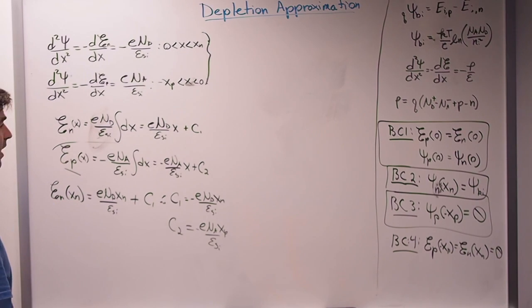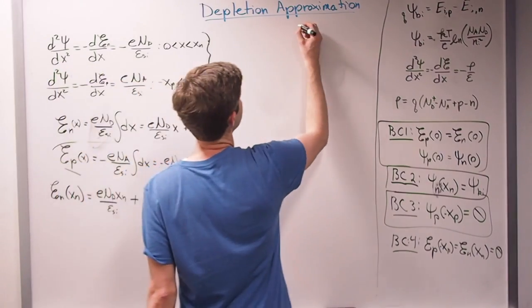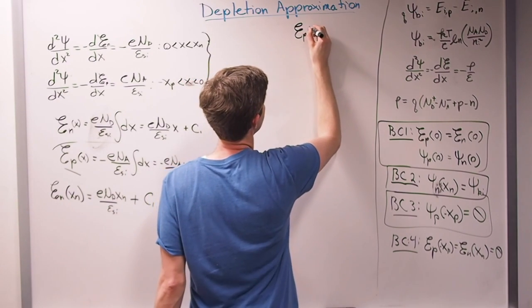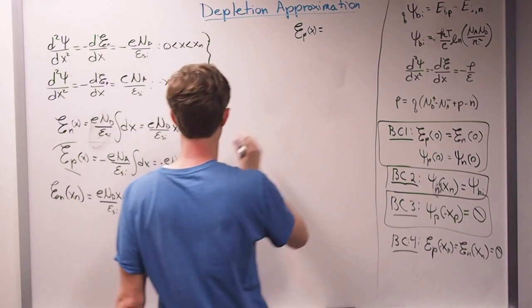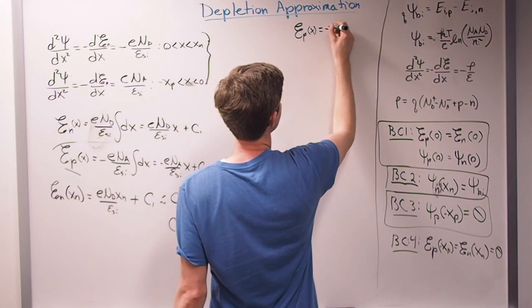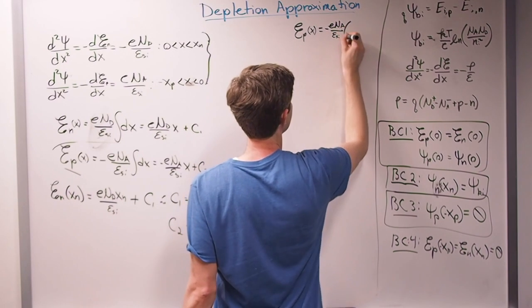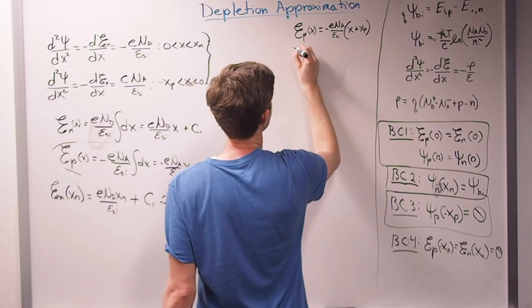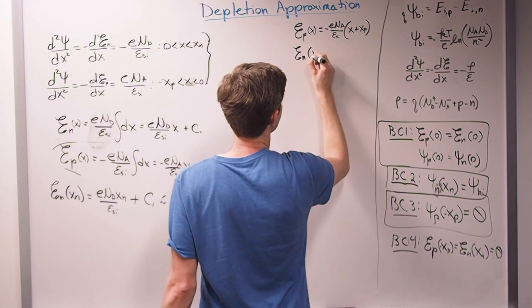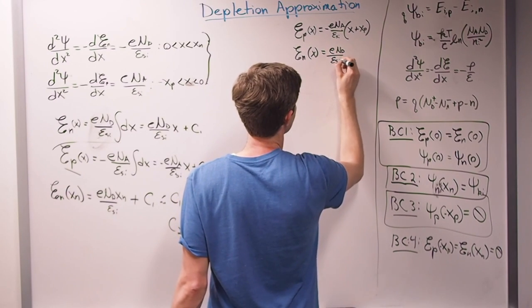So now we have an equation for electric field for the N and P region. E sub p of x is equal to negative E N A over ESI, that's going to be x plus x sub p. Similarly, E n of x is going to be equal to E N D over ESI, x minus x sub n.